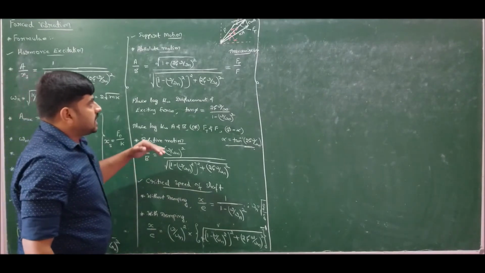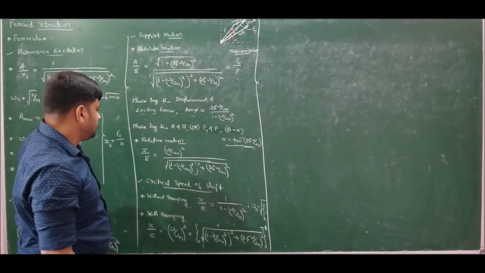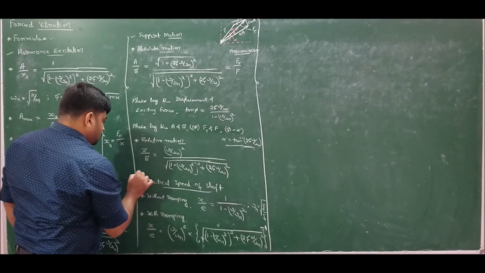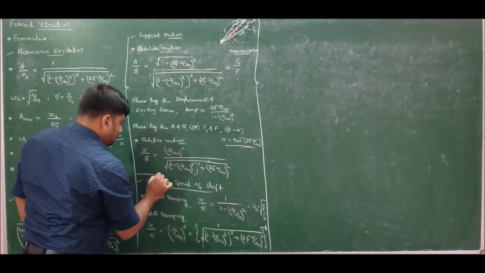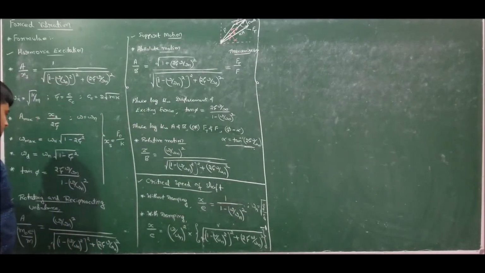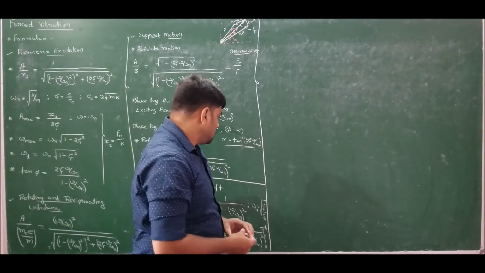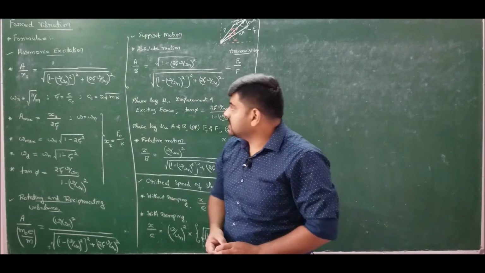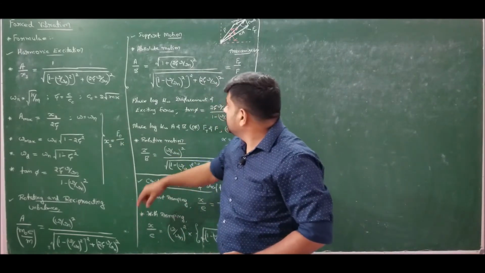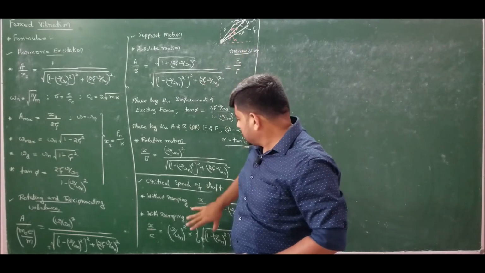The transmissibility of forces is same as absolute motion, so therefore I have clubbed here itself in order to utilize the space properly. That's it, right? So these are the things we have discussed in our previous 5 lectures: lecture 1, lecture 2, lecture 3, lecture 4 and lecture 5.